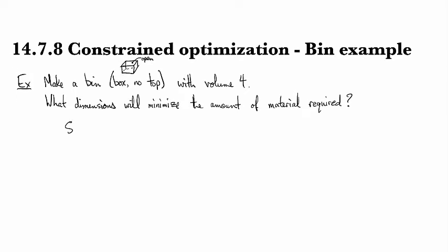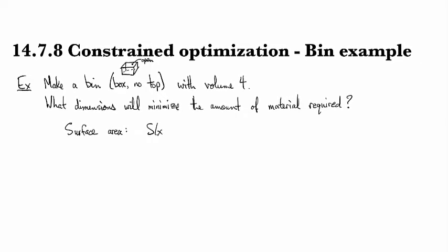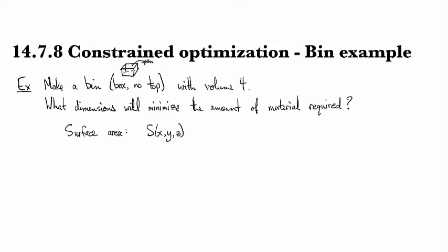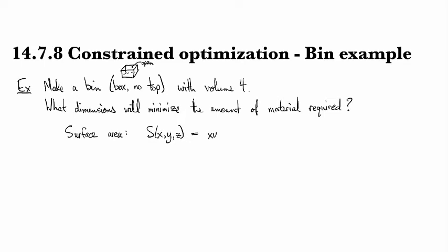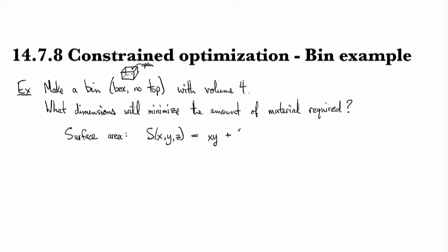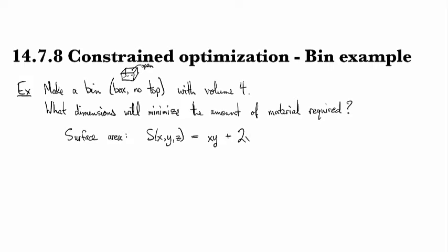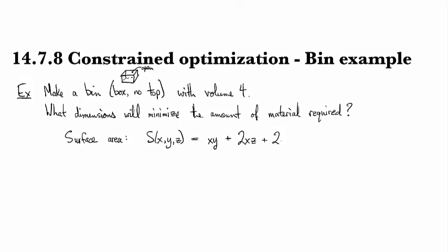So we have, on the one hand, surface area, and so the surface area for this is going to be, let's see, we have, let's call it S, and X, Y, and Z will be the side lengths of the box, and so we're going to have the bottom, which will be X times Y, length times width, and then we'll have the sides, 2 times XZ and 2 times YZ.